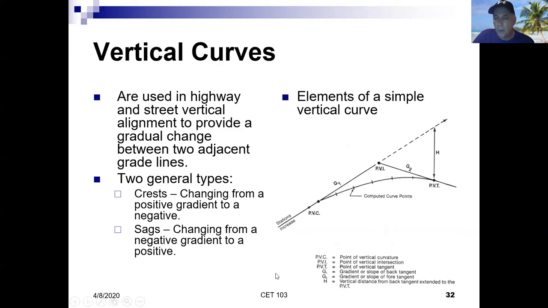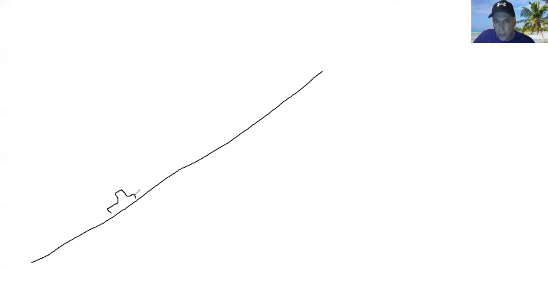I'm going to go back to some of my very crude sketching here, but I think this really will help explain this a little bit better. So imagine we have the slope of a roadway coming in, and I'm going to come over here and try to draw in Mr. Minsick's truck here.